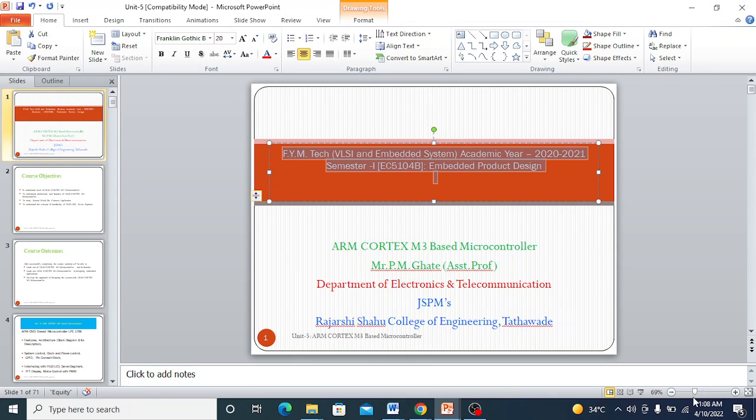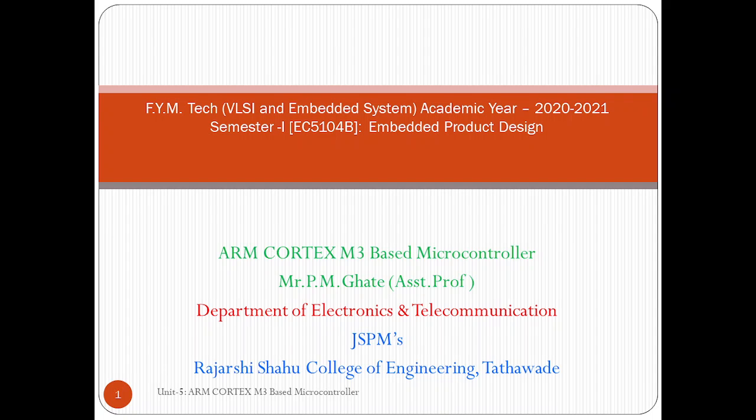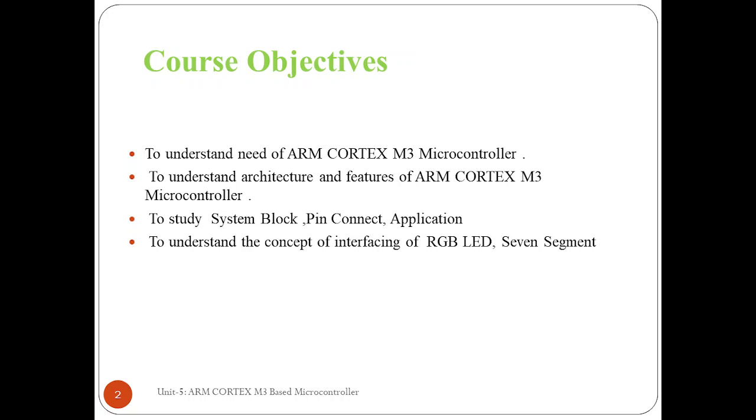Now the ARM Cortex M3 based microcontroller. Cortex is the next version of the ARM. To understand Cortex and its architecture, the objective now is to understand the concept of interfacing of LED and 7 segment pin connect block.